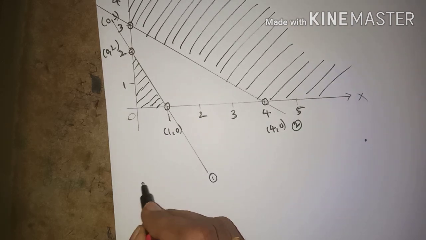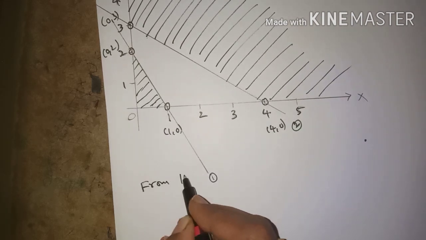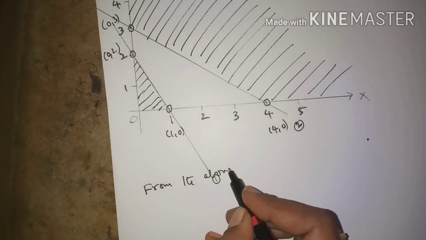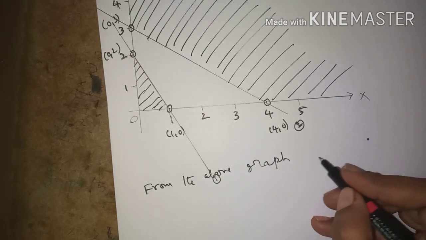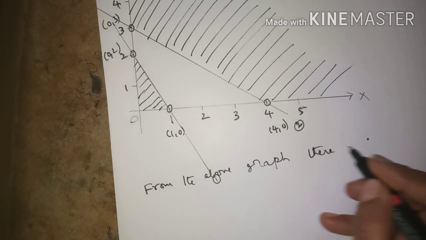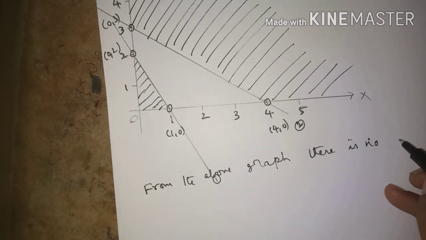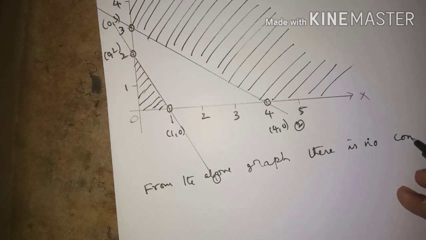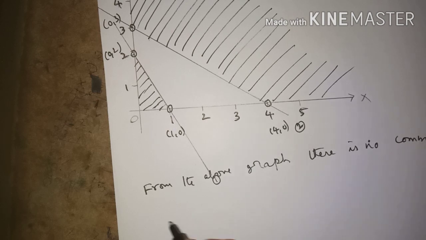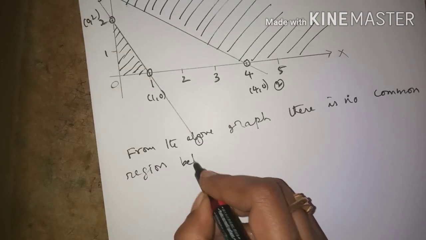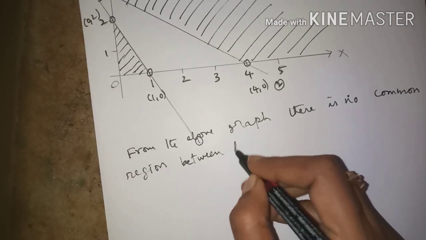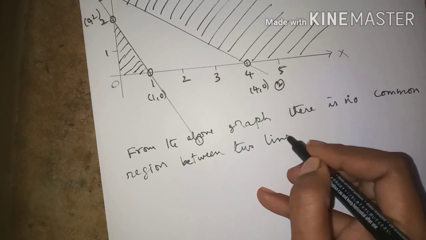From the above graph, there is no common region between two lines.